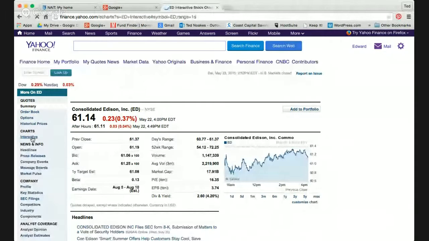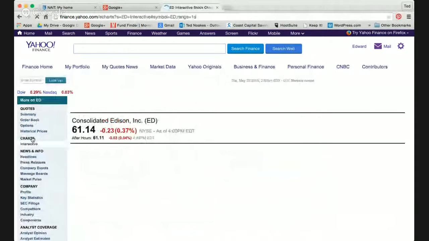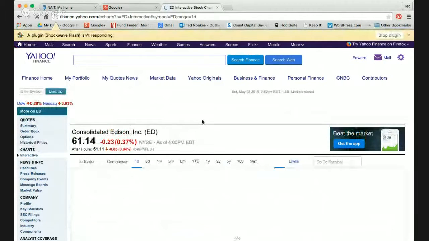My tools are the 50-day moving average and the 20-day moving average. It looks like our plugin's not working the way we would like, which we tend to need for these charts. Just my luck. Oh, here we go.